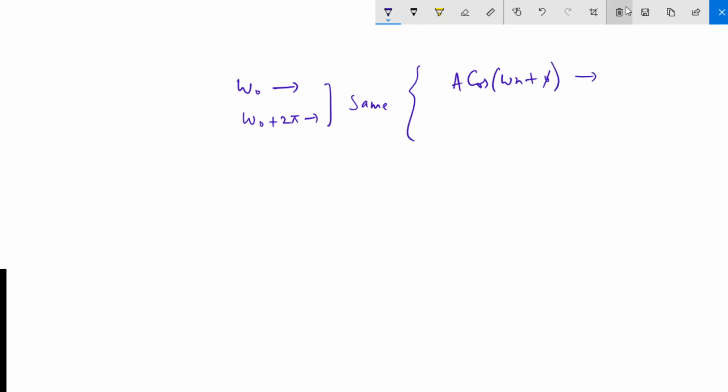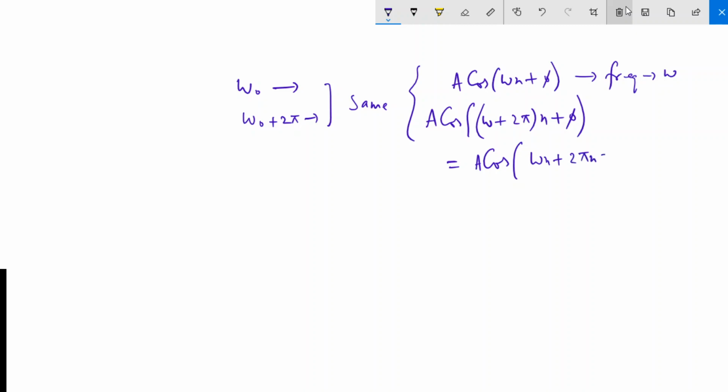The frequency of this signal is omega. If I take another signal where there is a difference of 2 pi in the frequencies, cos of omega plus 2 pi times n plus phi, and if you solve this, you will get omega n plus 2 pi n plus phi. So I can write it as cos of 2 pi n plus omega n plus phi.